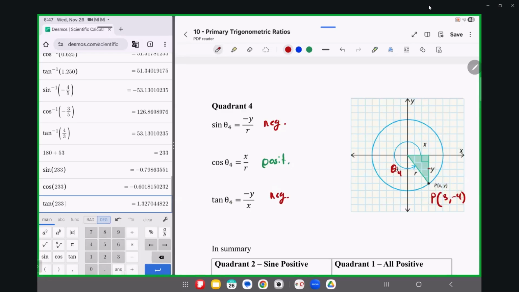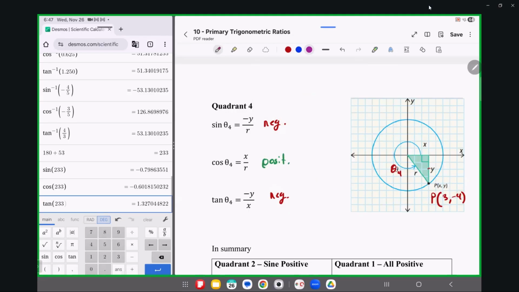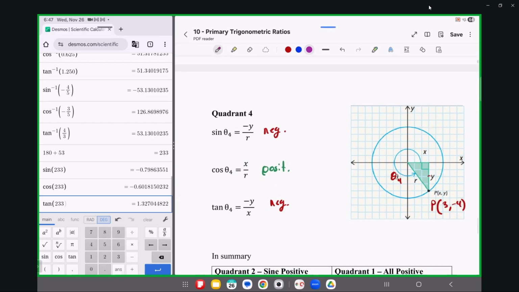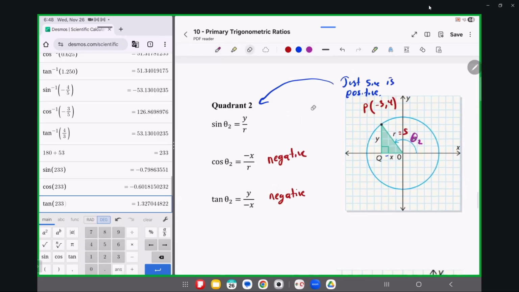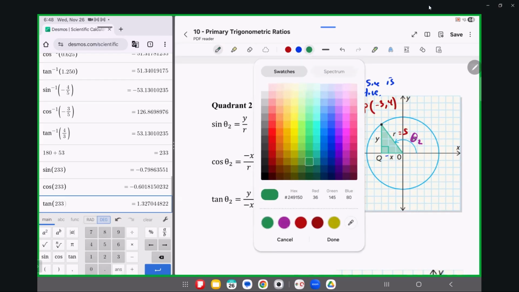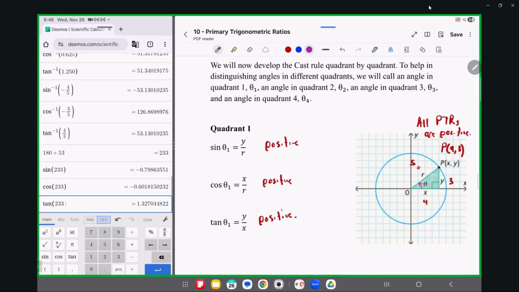Okay, so here what we just did was we had a look at all of the different values that the ratios could take. So now let's go back and talk about the angles themselves. We talked about the ratios. Let's write this one in green so we can make sure it all lines up. Back to example 1.